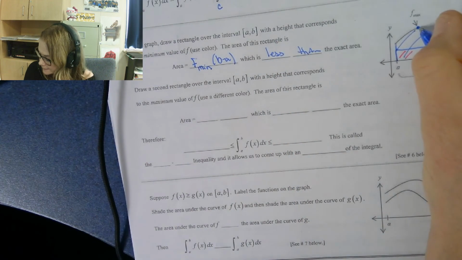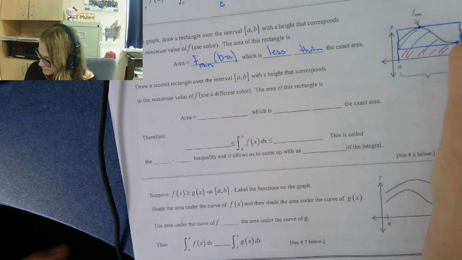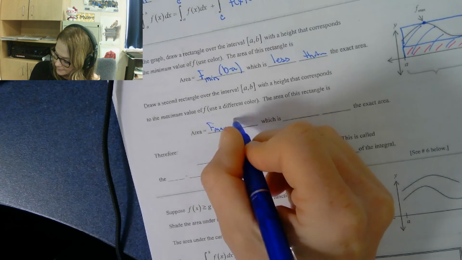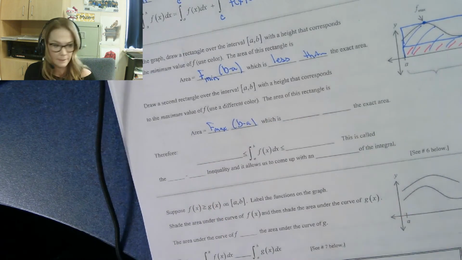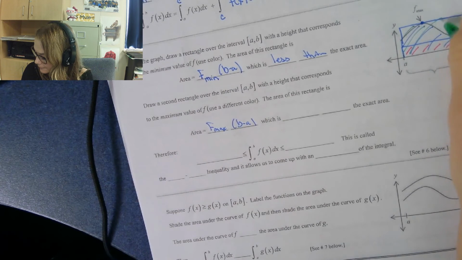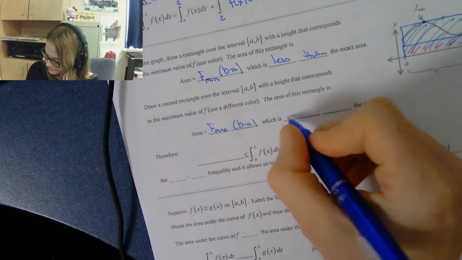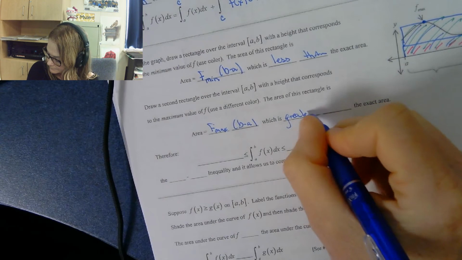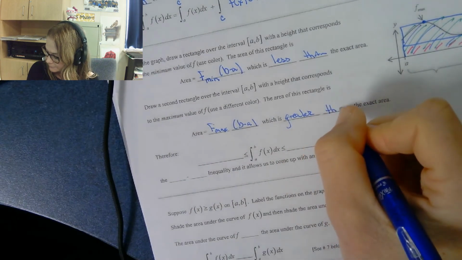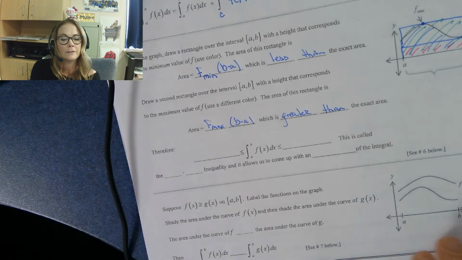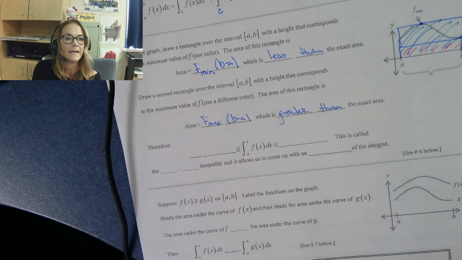If we do a second rectangle from the max, draw this rectangle. That's going to be f max times (B minus A). And that area would obviously be greater than the blue. So this is an approximation method if you can't integrate and get the exact answer, but you could calculate rectangles.